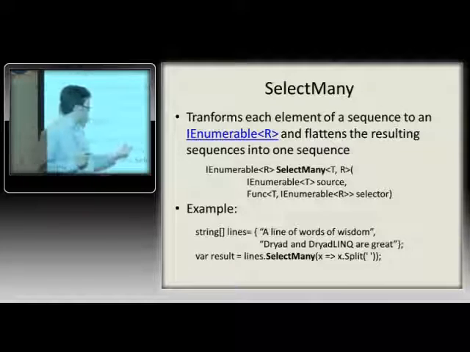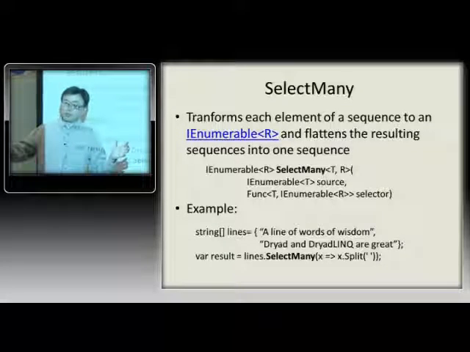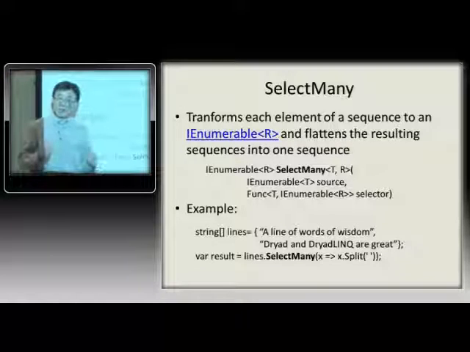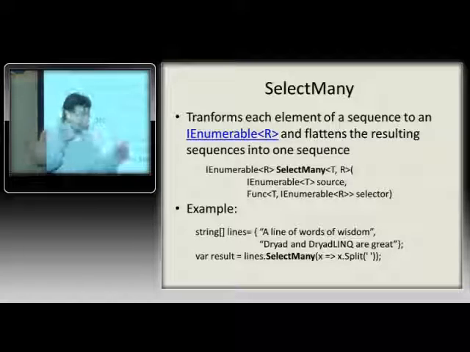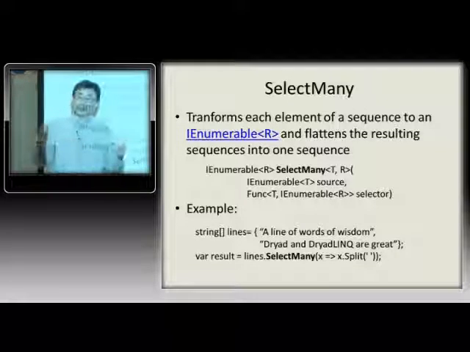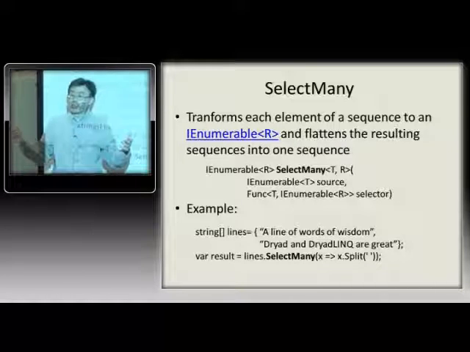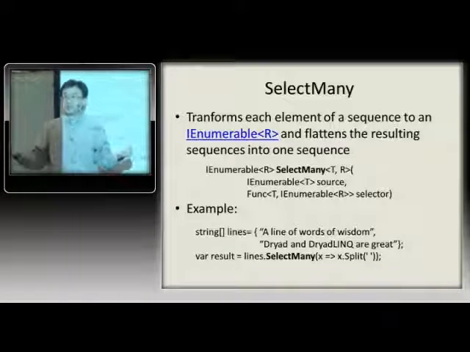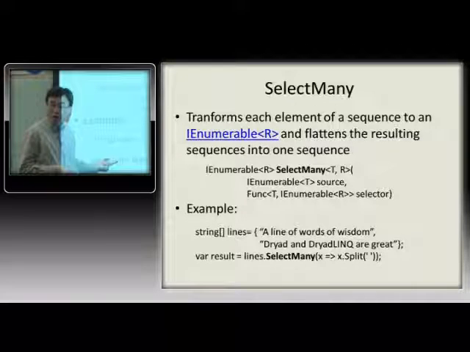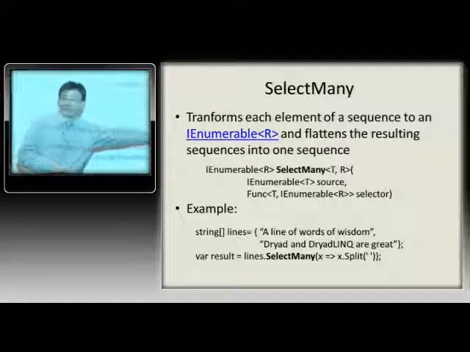That means for each line, I return a collection of words. And what select many does is flatten all the collections of words into a single collection of words. So in other words, the result of this operation would be a line of words of wisdom, right?